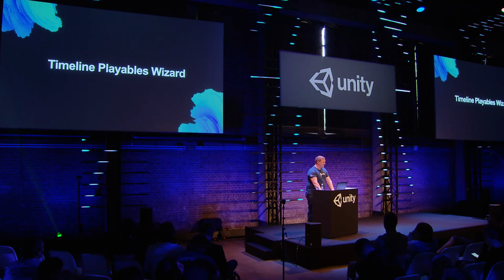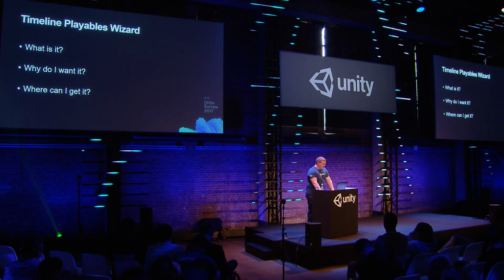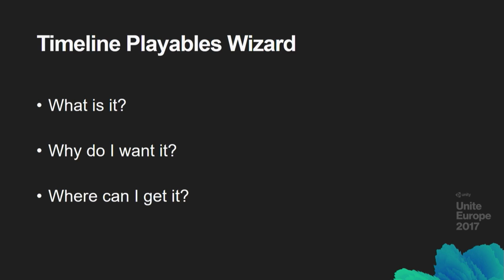OK, so the next thing I want to show you is the Timeline Playables Wizard. What is it? Why do I want it? Where can I get it? I realized that writing 4 scripts to make one playable is a bit much. So what I decided to do was make an editor tool that would write some of the scripts for you.